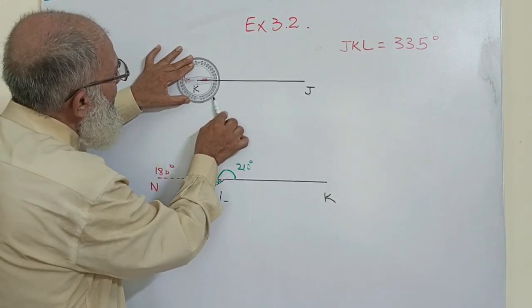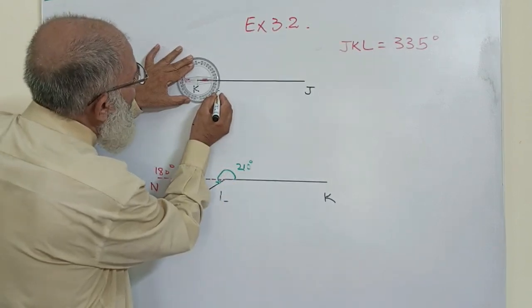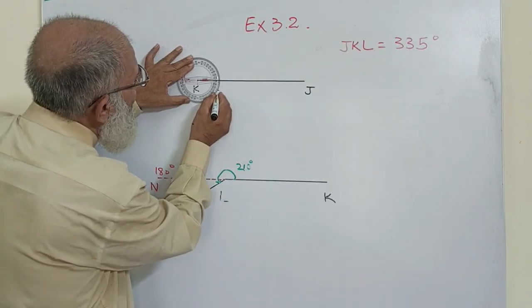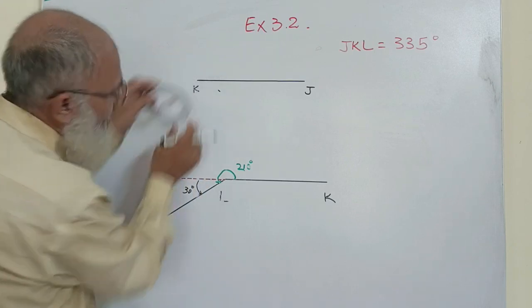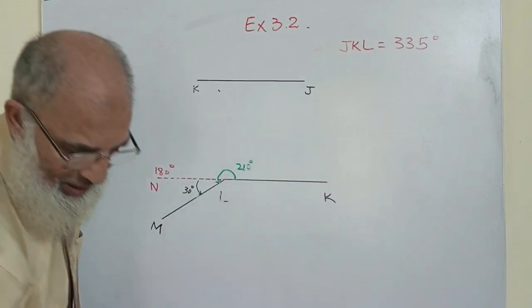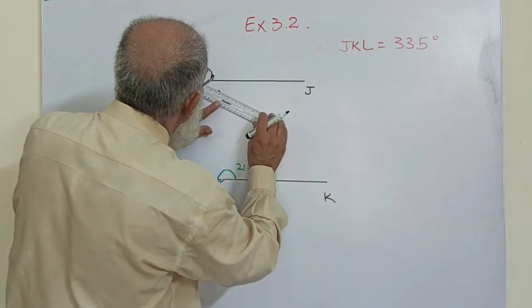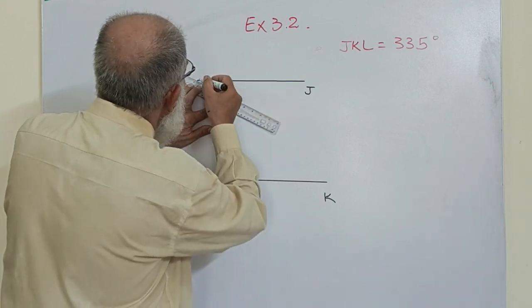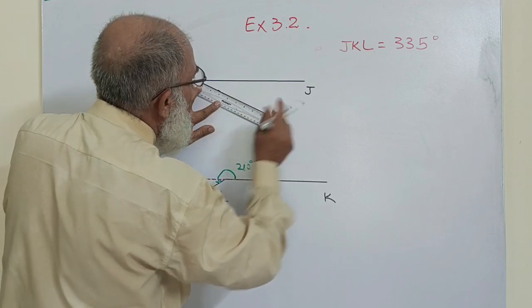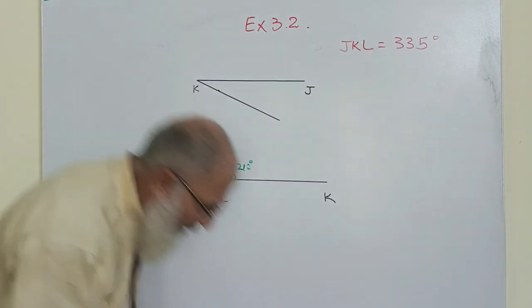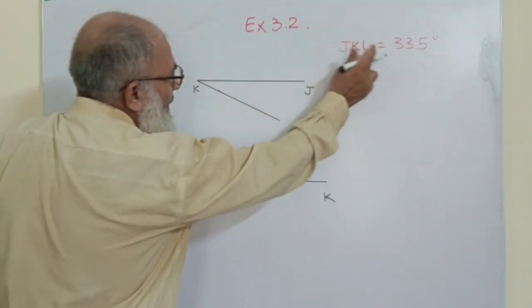We'll proceed towards 360 degrees, and here we find 335 degrees. You may not be able to see this. Now this angle is 335 degrees. The one which I am going to mark with green is JKL.